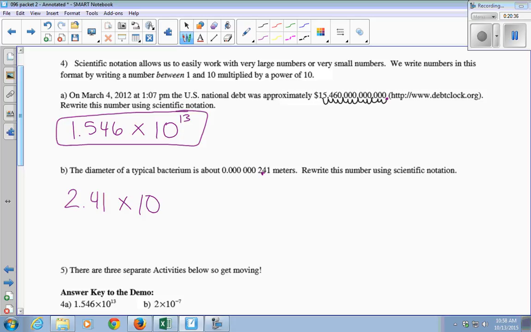So you got to multiply by a negative exponent because multiplying by a negative exponent moves decimal points to the left. So I would need to move 1, 2, 3, 4, 5, 6, 7 places to the left, so I use the -7 exponent.